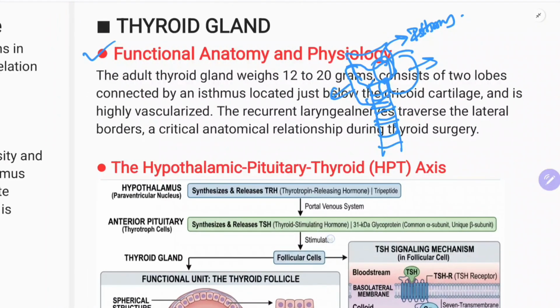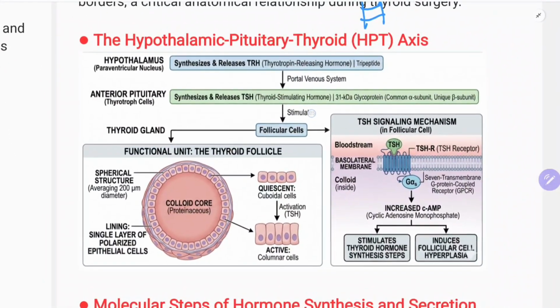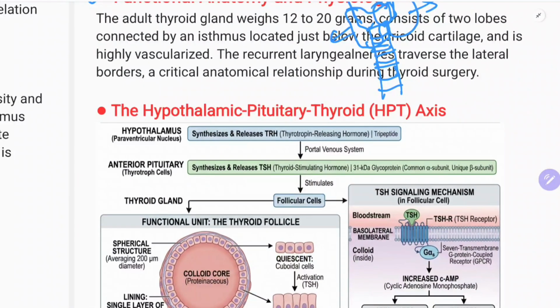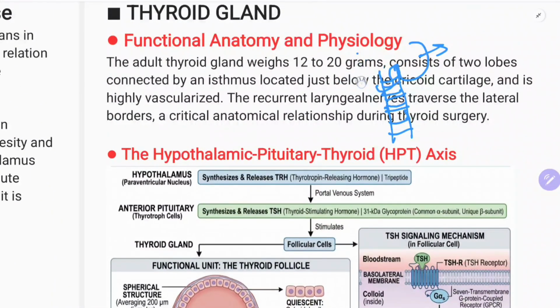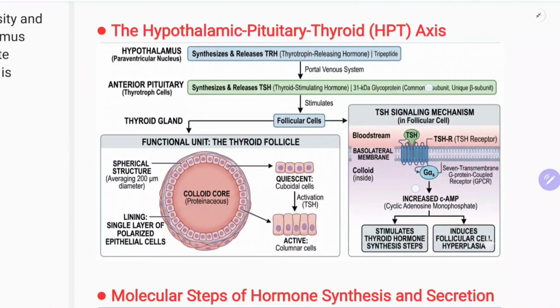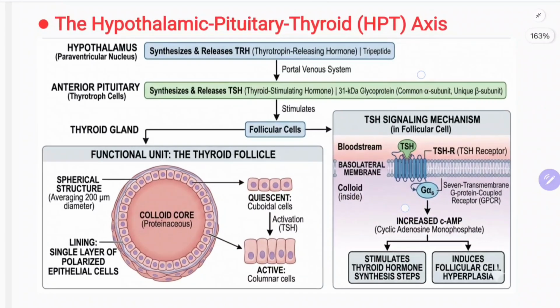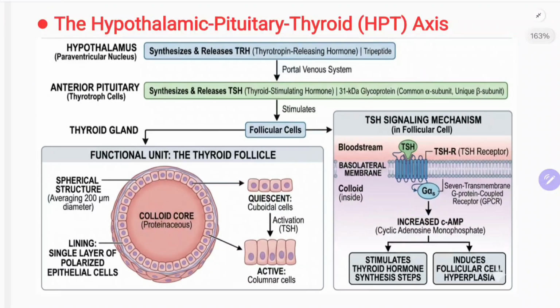Okay. Now the next important thing to know is the hypothalamic-pituitary-thyroid axis, HPT axis, very important to know, okay. Otherwise we will not be understanding the investigation reports. So the hypothalamus-pituitary-thyroid axis, how it functions. This is the physiology.